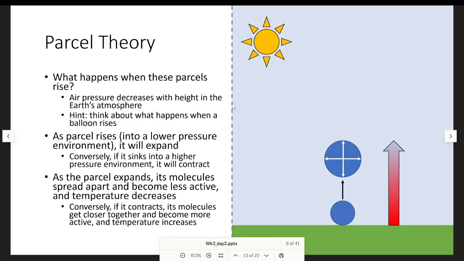Okay, so what happens when they rise? When you go up in the atmosphere, you think about it like the gravity thing, there's less force pushing on something the further away you get from Earth. It's less dense. There's less air molecules. Most of them are centered towards the ground. So as you move this parcel up, since there's less pushing down on it, it's able to rise and expand.